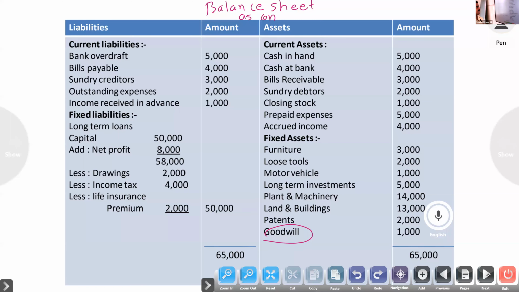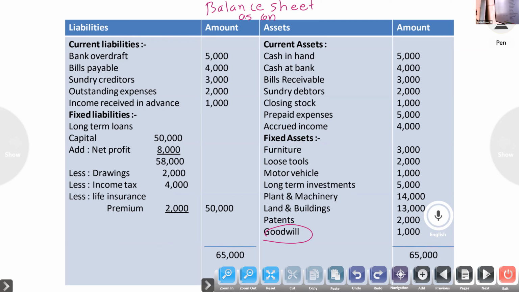Long-term assets and long-term liabilities we are writing first, followed by the short-term liabilities, current liabilities, and short-term assets. That is grouping and marshalling of assets and liabilities.